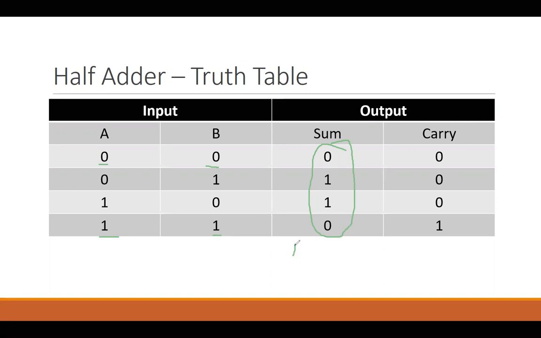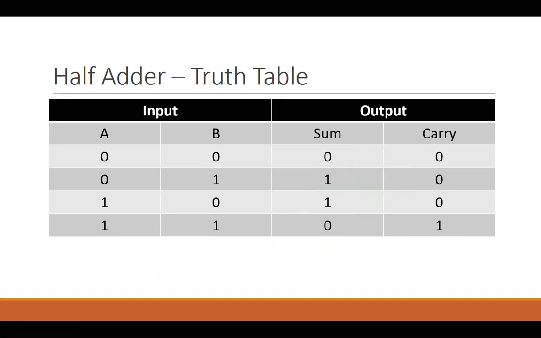So this column is actually made up of A XOR B, and the last column, this one 0001, you can easily see that this is an AND function. So this column is actually made up of A and B, because 0.0 is 0, 0.1 is 0, 1.0 is 0, and only 1.1 is 1.